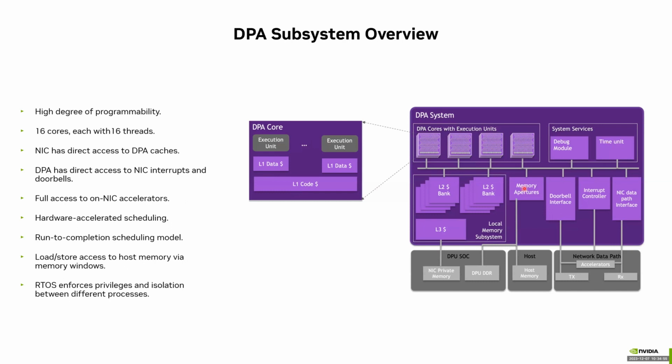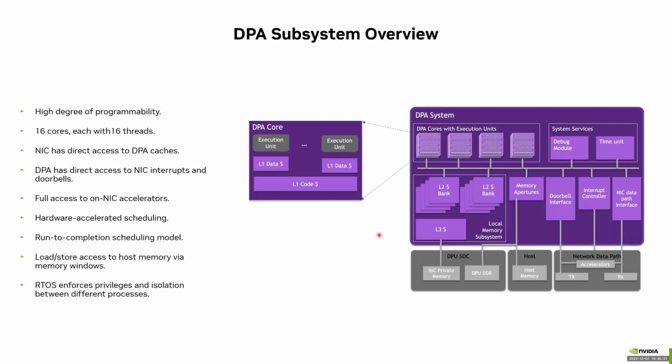And we also have the concept of memory windows that basically allow to map some external memory into the DPA process addressing space. So basically, we can access, for example, host memory or GPU memory via loads and stores directly from the DPA. It also has fast access to the doorbell interface on the NIC and interrupts.